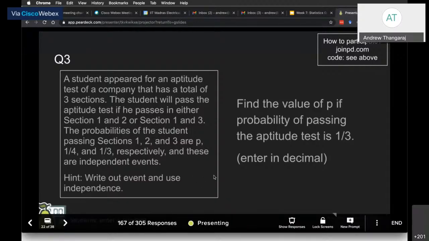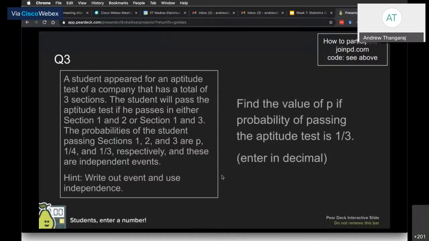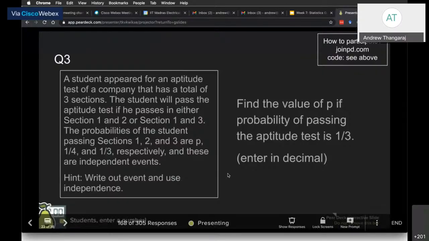Yeah, I think people are finding it a little bit more difficult than usual. Maybe we've not come to the two-thirds mark yet.